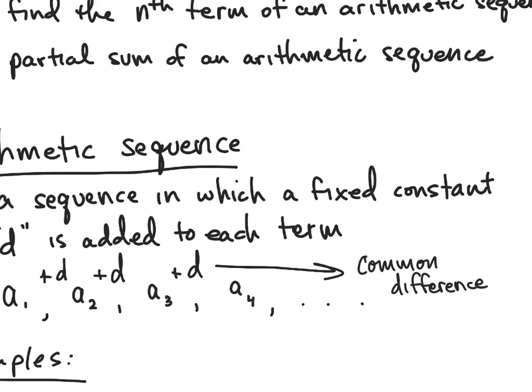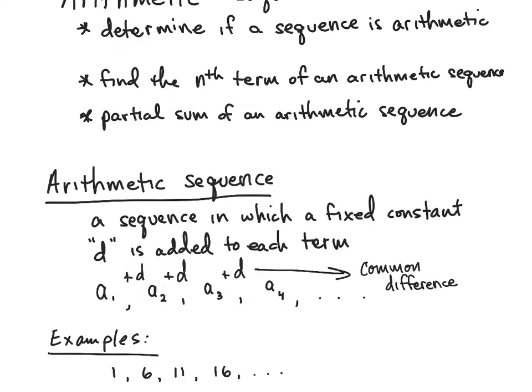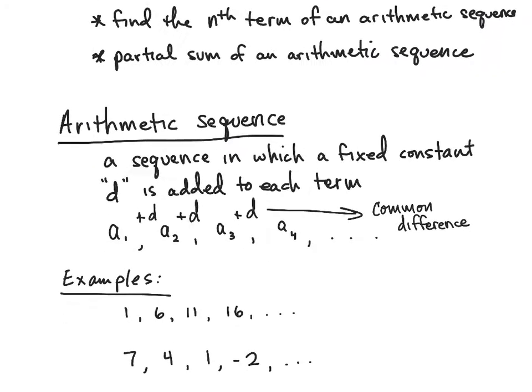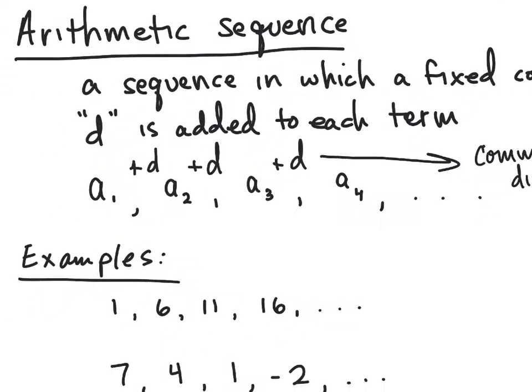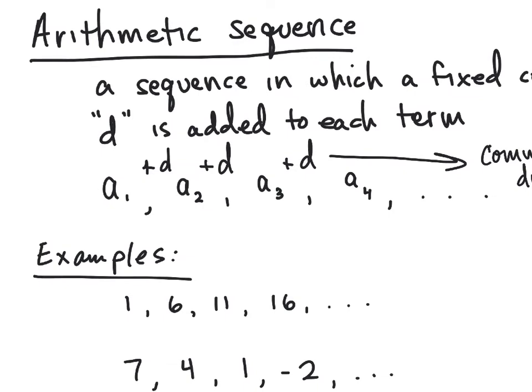So if a sequence is arithmetic, it has a common difference that we can identify as the number being added to each term. So as an example here, 1, 6, 11, 16, we're adding 5, and then we add 5 to get to 11, and then we add 5 to get to 16, and we'd keep adding 5.